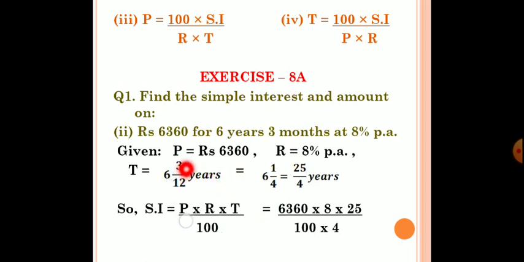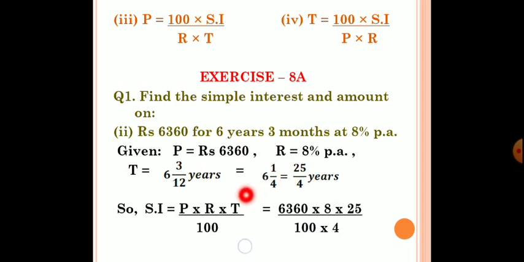We can convert 3 months into years by writing it as 3 by 12, so the time is 6, 3 by 12 years. Cancelling 3 and 12, this becomes 6 1 by 4 years, which is equal to 25 by 4 years.